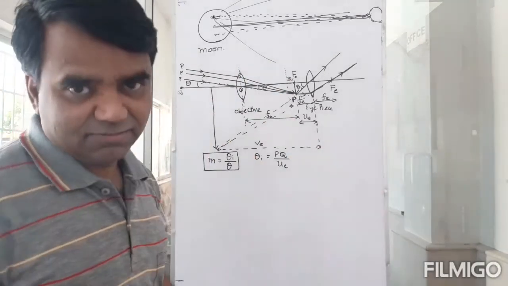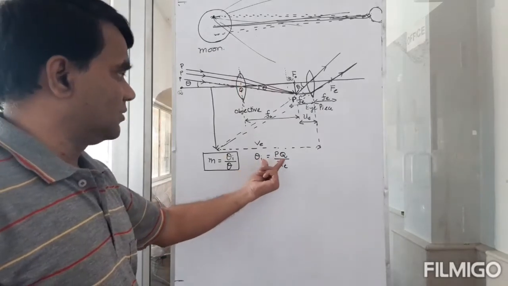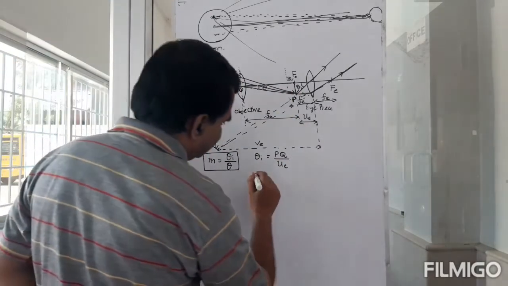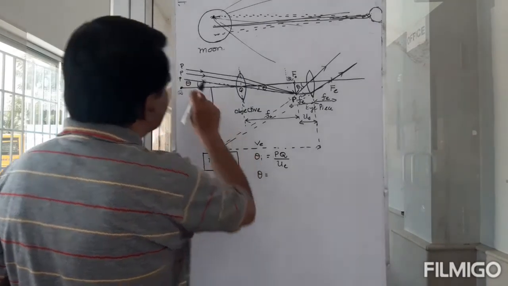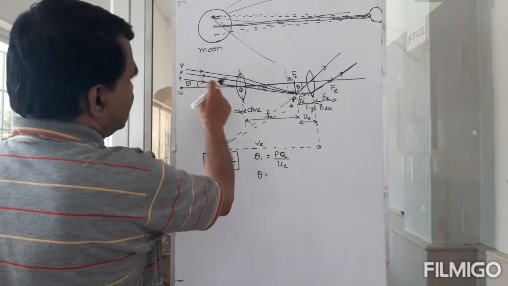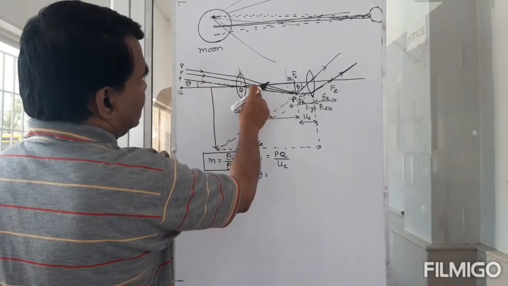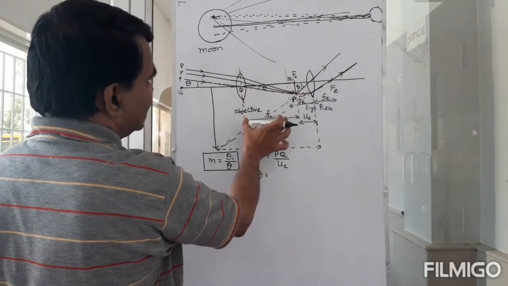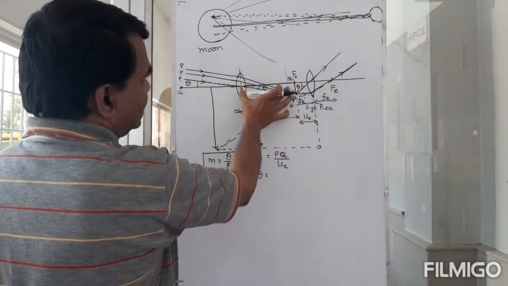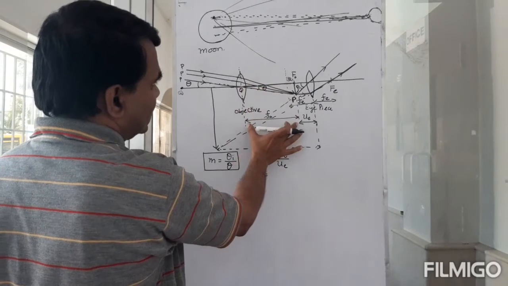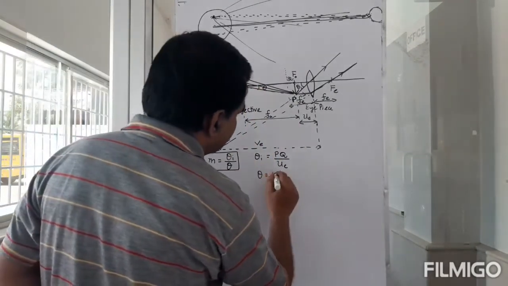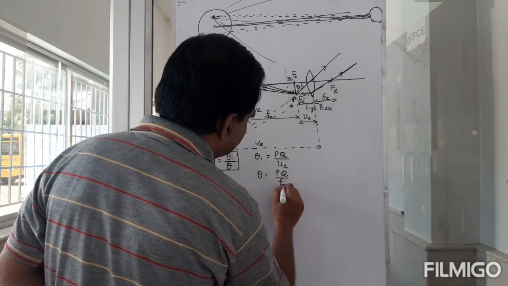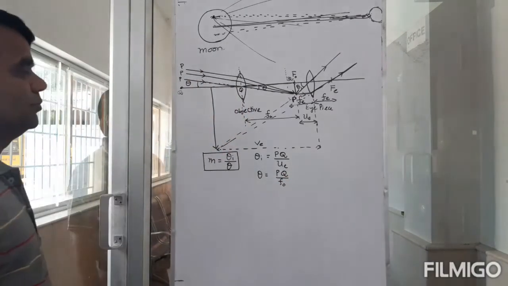Tan theta is theta for small angles, so you get PQ by UE. Then what is theta? Well, this theta is the same as this theta, which is PQ divided by f naught, because they are forming the image at the focal length, right? So theta is PQ divided by f naught.